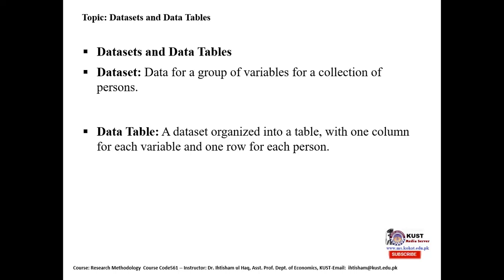Now from the data set you have to make a data table in order to analyze or in order to rank your collected information. So in order to make a data table, the columns are spared for variable, whereas rows will represent respondents. So with one column for each variable and one row for each person. So this is called the data table.